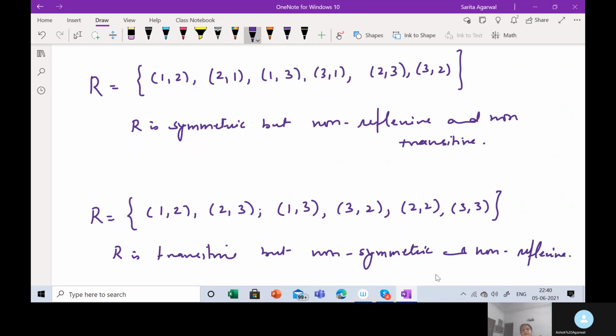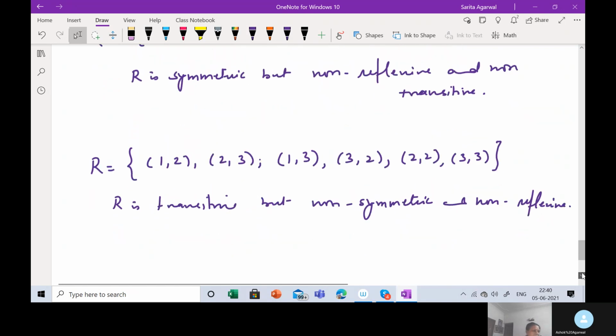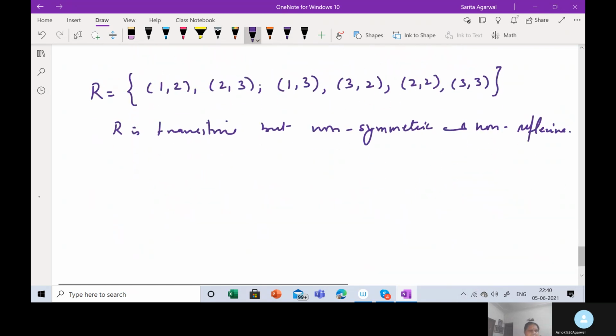Non-reflexive, right? Now we are coming to another example. These are the easy examples to create and to understand the subject better.